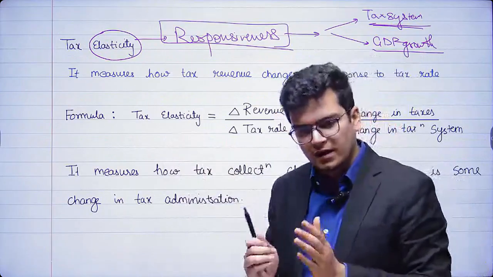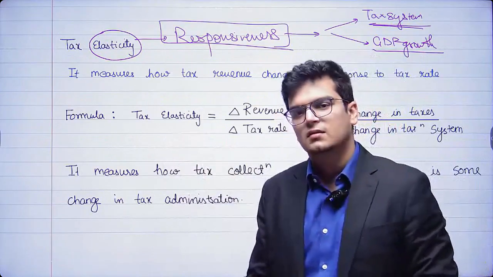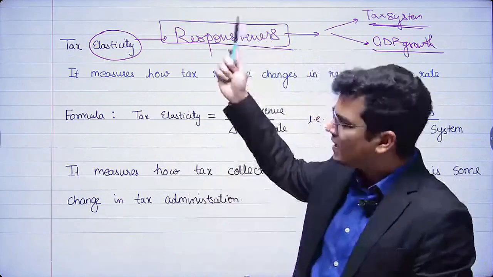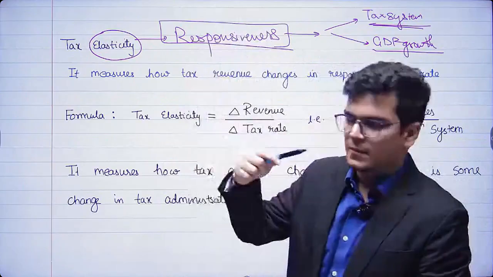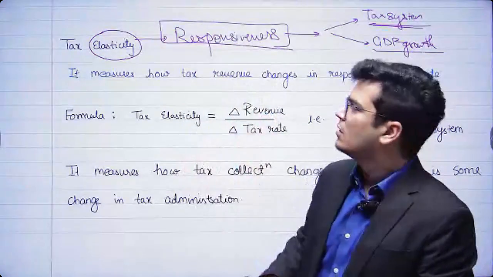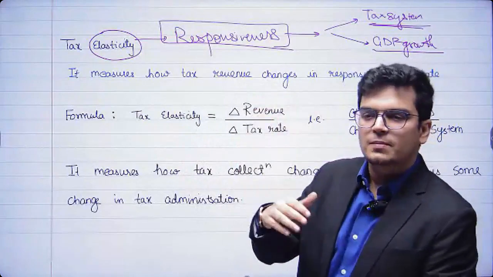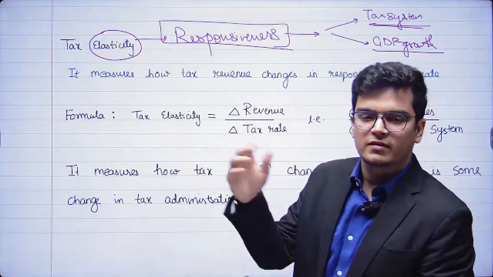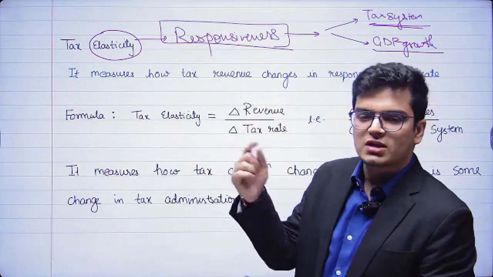Something like earlier I was in sales tax system. Now I am in GST system. How has my tax collection responded? मेरी tax collection कैसे respond करी है? This could be one thing. One thing could be my GDP is growing by 1% every year, or by 10% every year. What is the change in my tax collection?